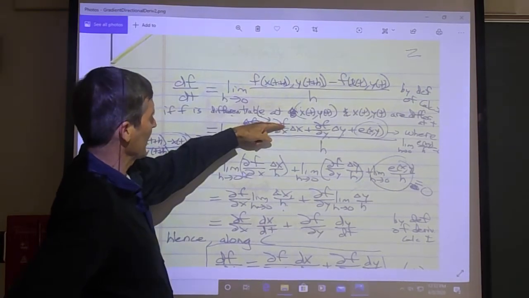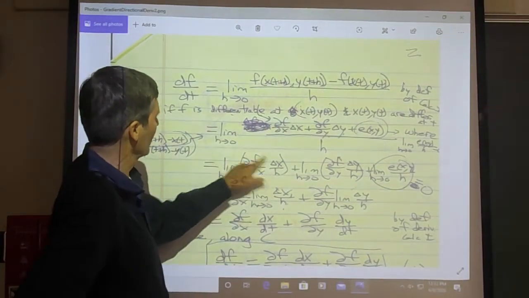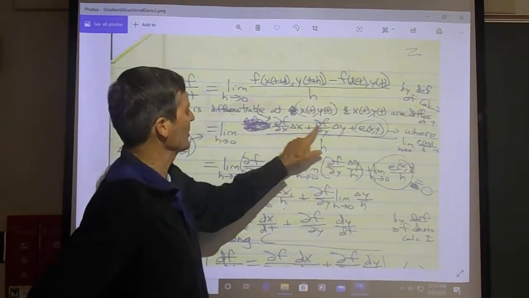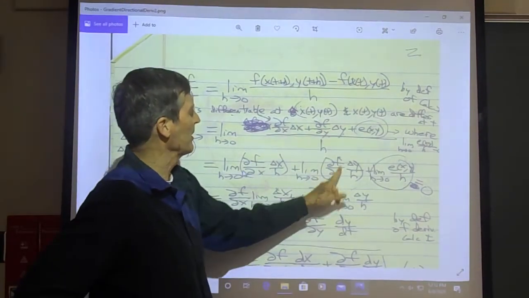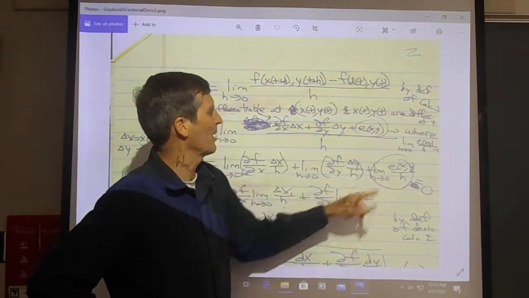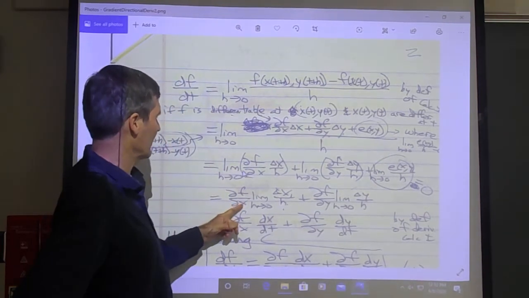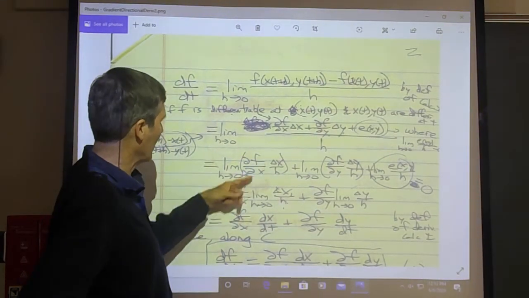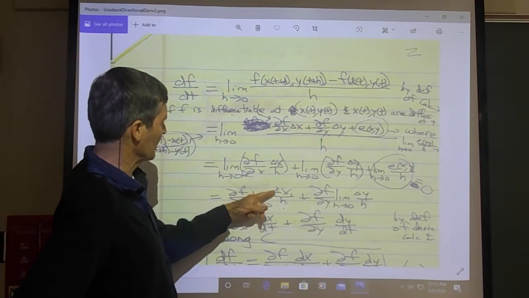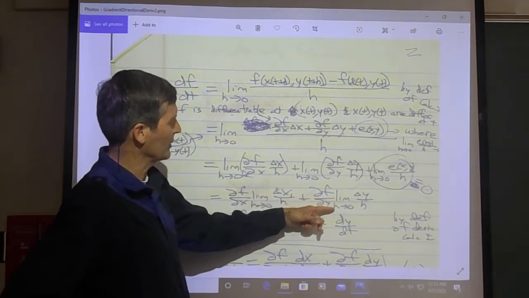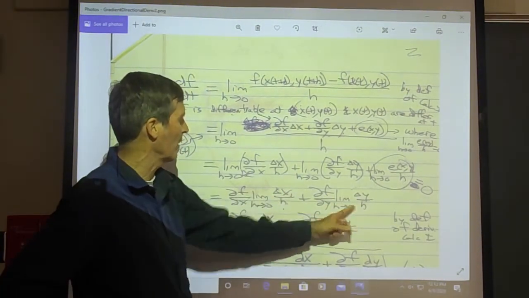All right, well, what is this? This one, df dx delta x over h, has its limit. You break the limit of the sum into the sum of the limits, plus this limit, but this limit is 0 by differentiability, gives us df dx times the limit as h goes to 0 of delta x over h, plus df dy times the limit as h goes to 0 of delta y over h, but these are the derivatives, right?